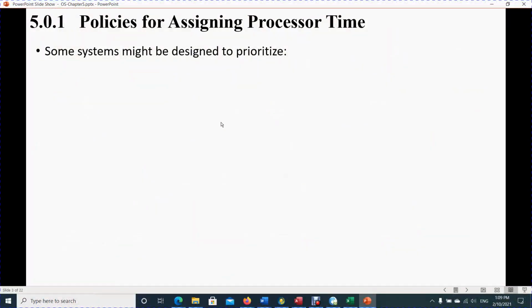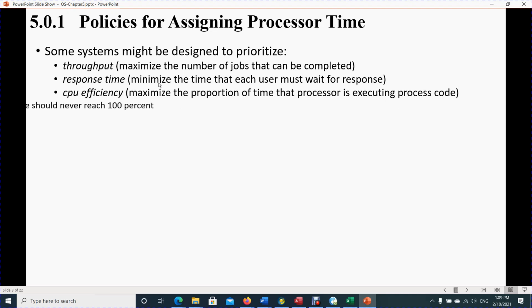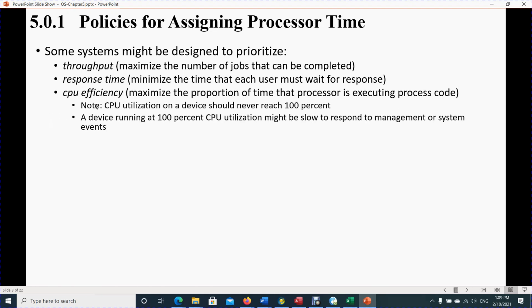Some systems can be designed to prioritize throughput, the number of jobs that it's going to actually complete, response times, shortest time waiting for the system to respond to a process, efficiency of CPU utilization, maximizing the proportion of time that processors are actually executing process code.